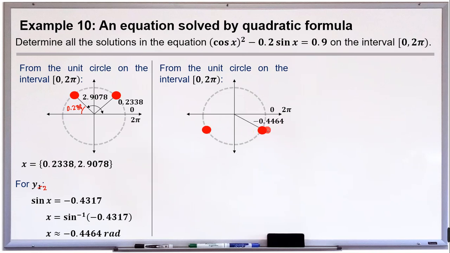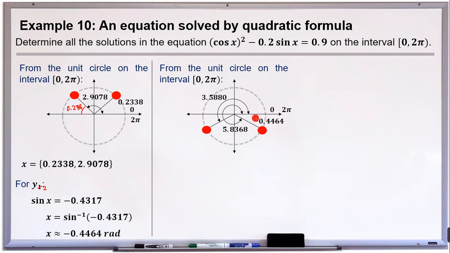So the angle in quadrant 4 is negative 0.4464. Okay, meaning the direction of this angle is clockwise. And then for the second spot at quadrant 3, the angle here is 3.5880. This was determined by taking the sum of pi and 0.4464.